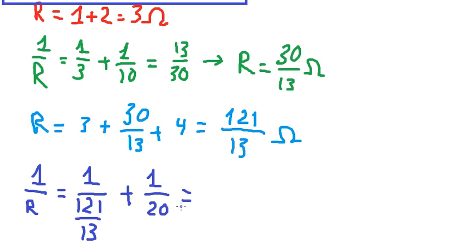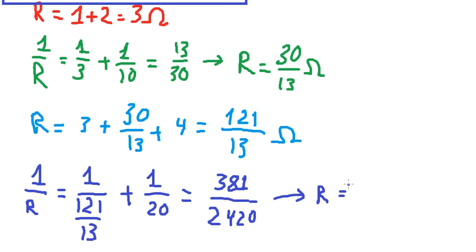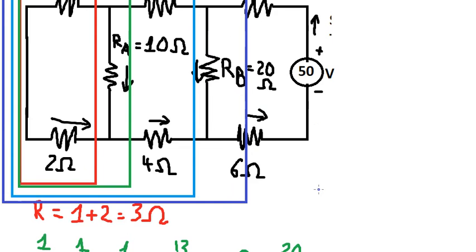So we calculate this one, and we have 381 over 2420. And this one we have R equals 2420 over 381 ohms. And this is for the purple.